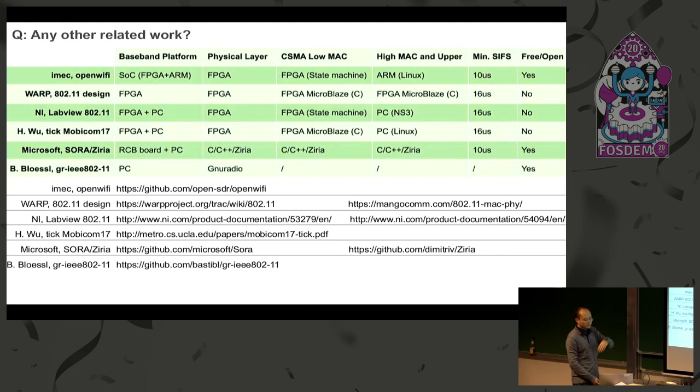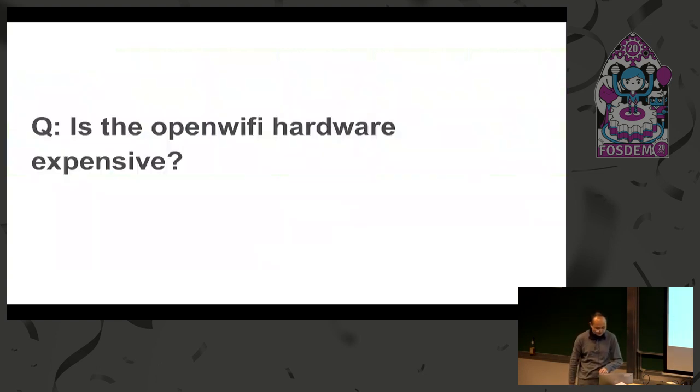I won't go deep. You can check the slides later and find all the links. I only try to emphasize that our unique point is that our design is based on system on chip. You have very low latency between your Wi-Fi card and computer, which are also on the same chip.